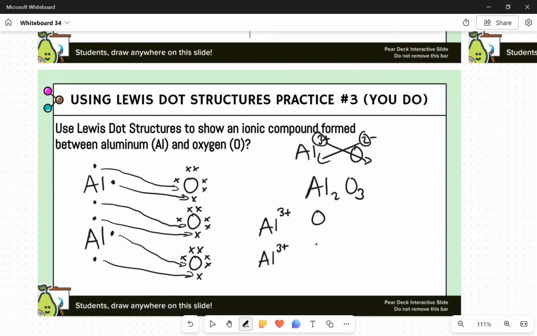And we're going to have 3 oxygens. Each one is going to have a newly filled octet. And each one is going to have a 2− charge.